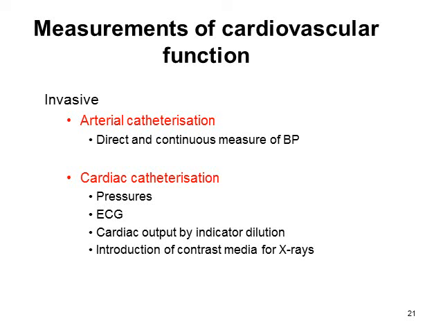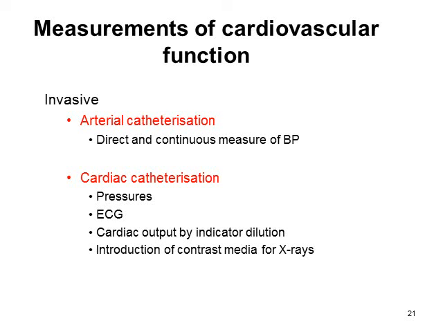Alternatively, you could undergo a full cardiac catheterization where the catheter is inserted directly into the blood vessels and into the heart itself. This allows us to measure the pressures within the ventricles and the atria, as well as the blood vessels coming to and going from the heart. It will allow us to directly measure the ECG in the heart itself. It also gives us the potential to measure cardiac output by indicator dilution.